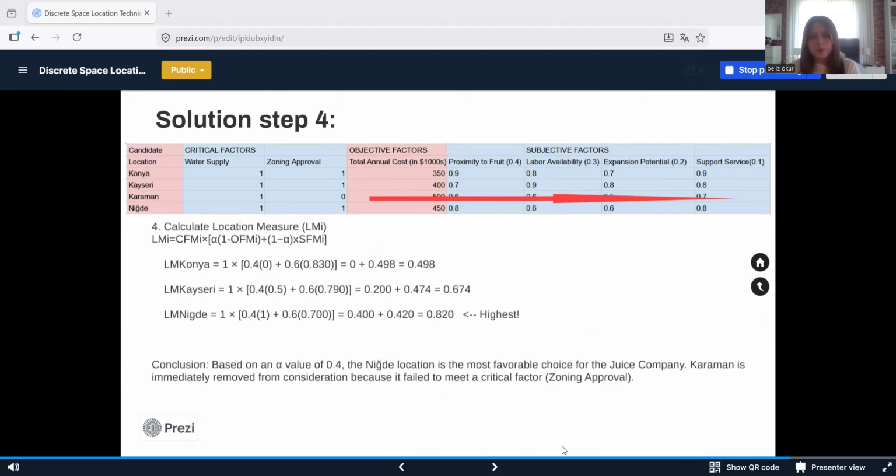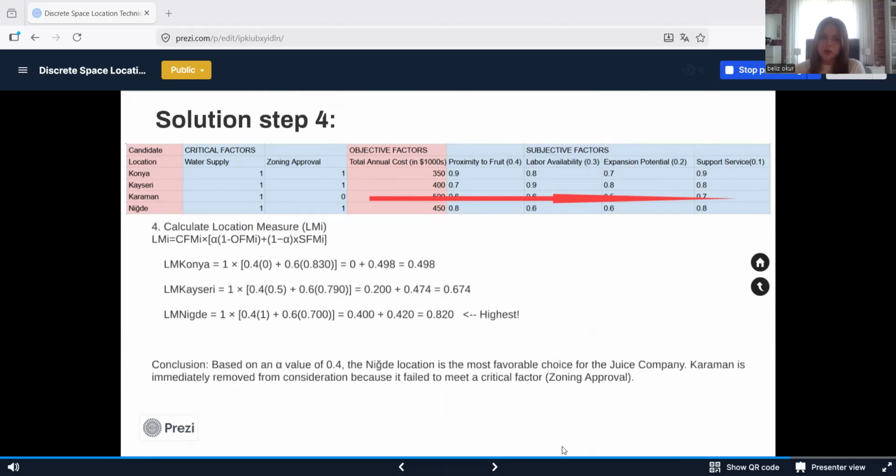As the last step, the grand finale, we calculate the ultimate location measure. The formula looks complex, but it is just blending our work together. We take our critical score, which is 1, and multiply it by the blend of our objective and subjective scores. When we calculate the final blended scores, Konya comes in at 0.498.